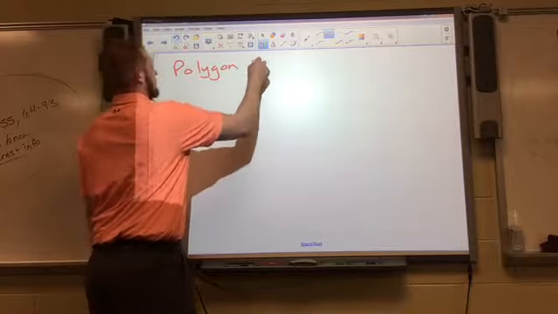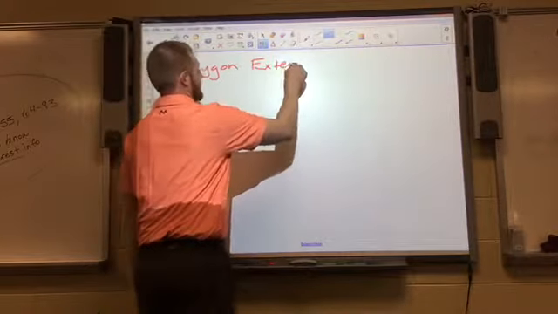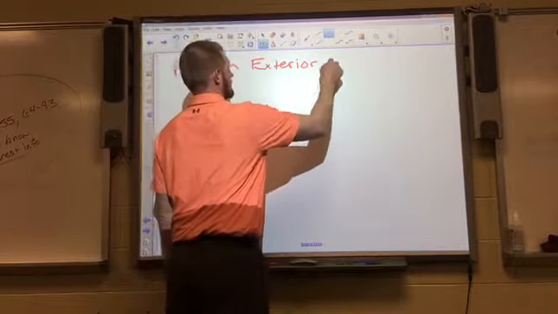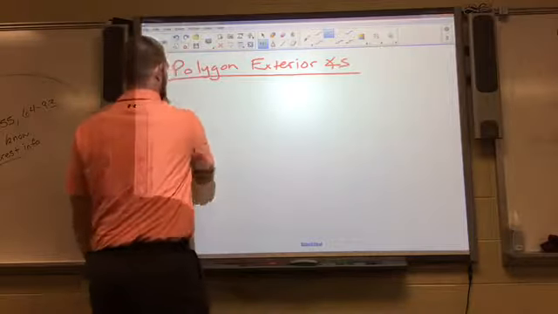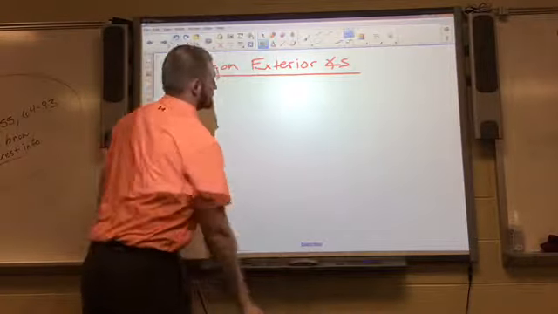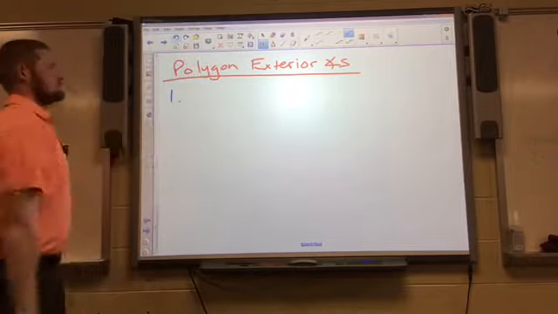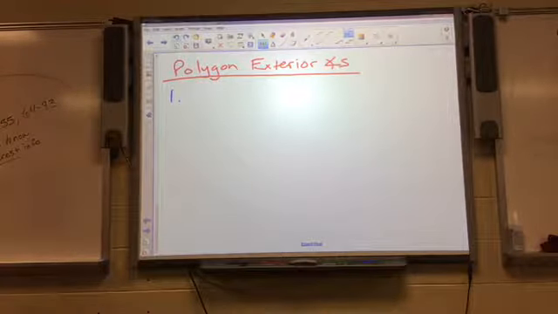Polygon exterior angles. These ones are going to be pretty easy for you.